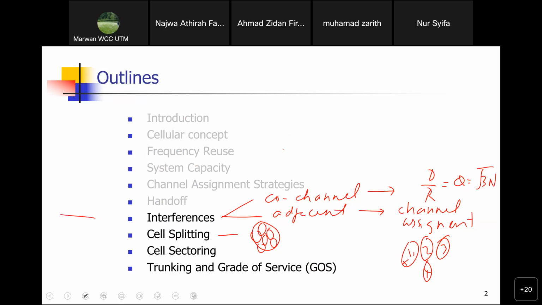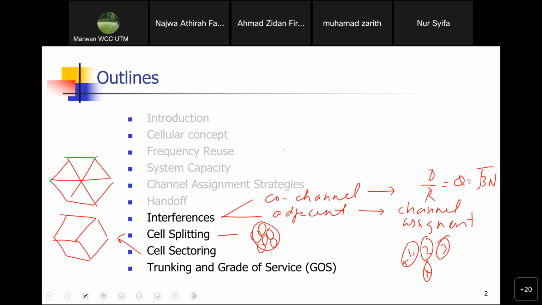Cell sectoring, you divide the cell into sectors. It's either 120 or 60 degrees, divided by 6. Okay, that is cell sectoring. These are the three topics that we went through today.